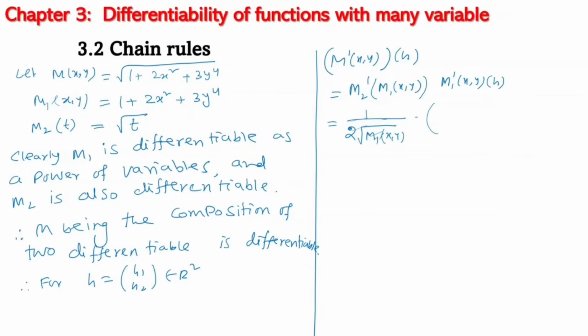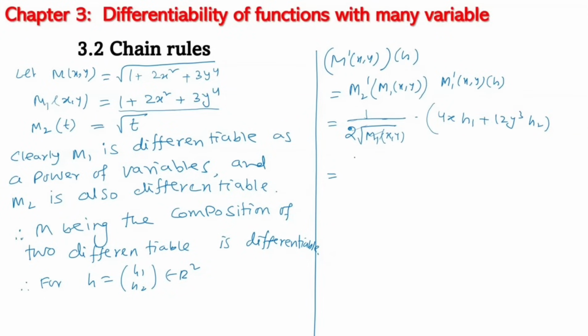Now m1 is this one. So the derivative of m1 with respect to x will be 4x, and with respect to y it will be 12y to the power 3. The components are h1 and h2. Now substitute the value of m.